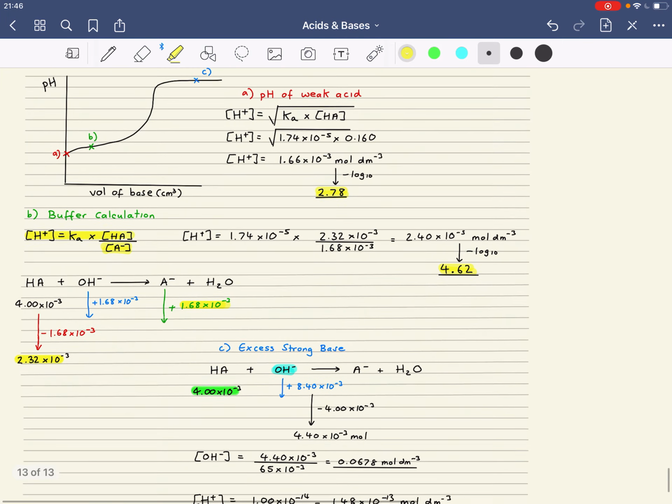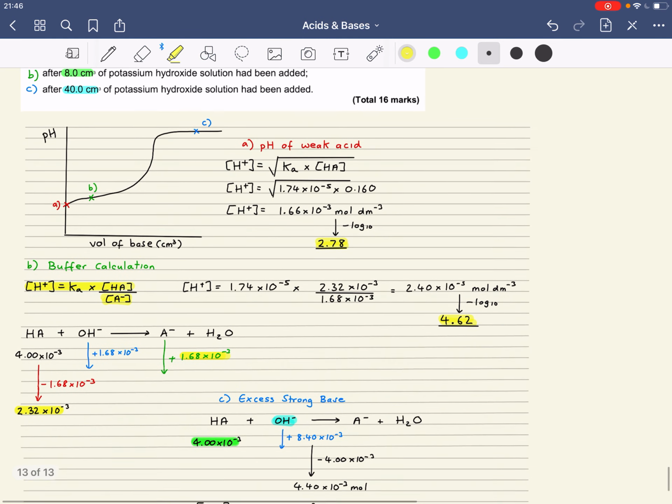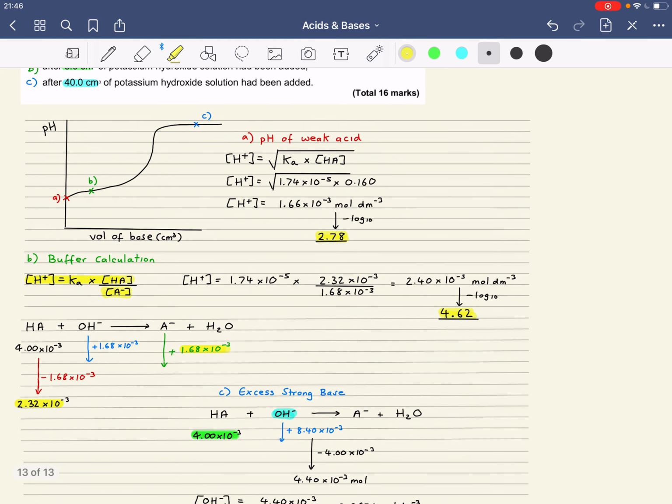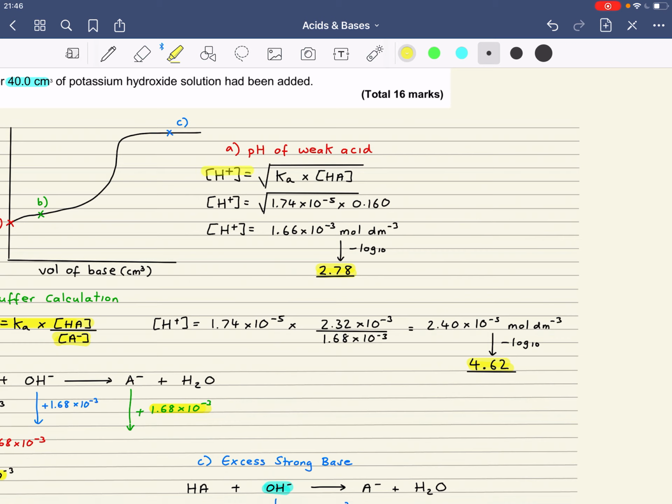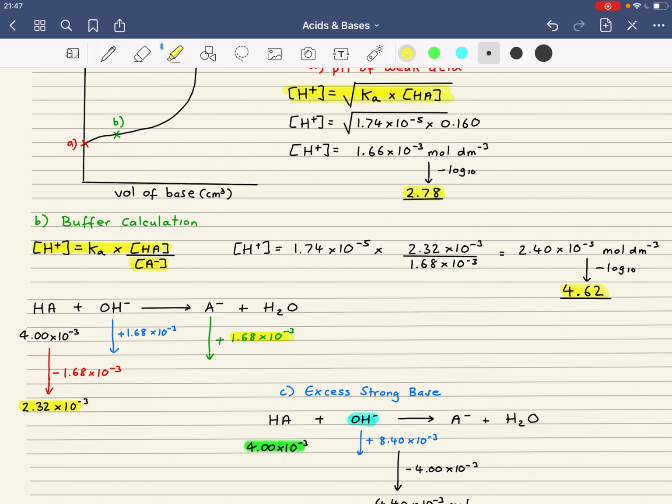So this one is quite a tough question, because what it's actually asking you to do is look at 3 different methods on how we can work out a pH. Firstly, we worked out the pH of a weak acid using an equation that you need to be able to remember: H plus is root Ka times HA. The second one is getting you to realise that we've got a buffer solution, because we've got strong base added to an excess of weak acid.